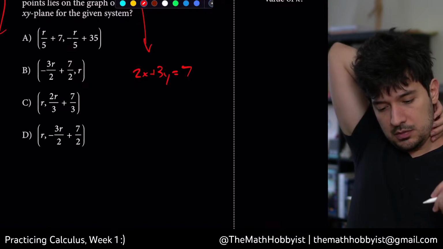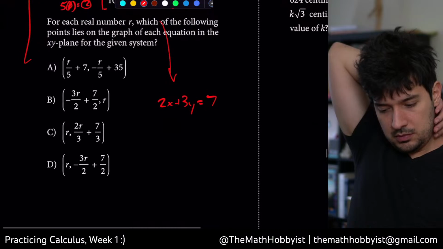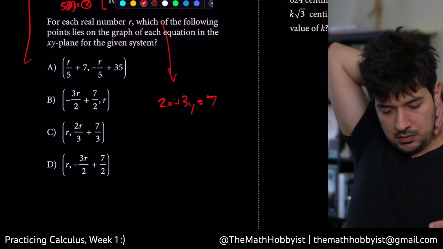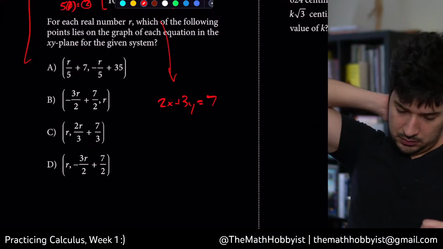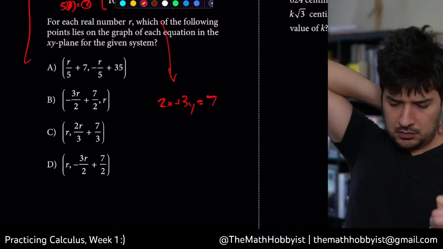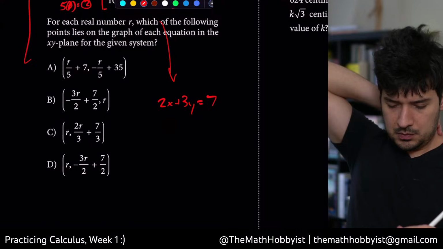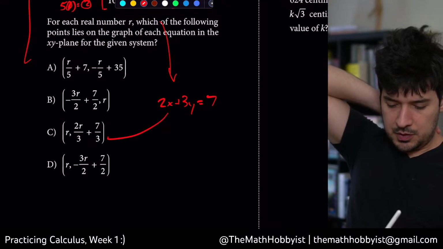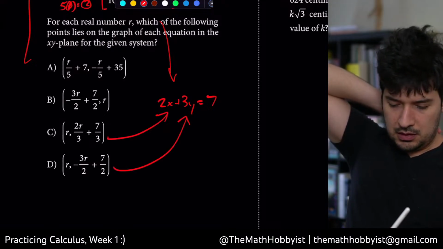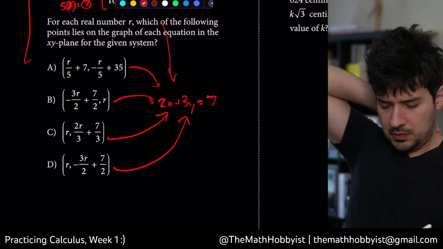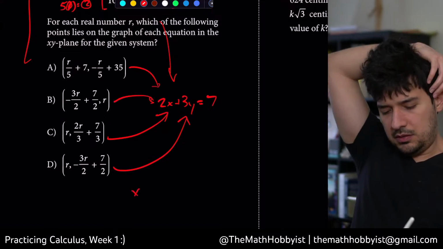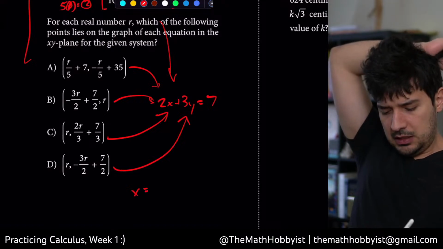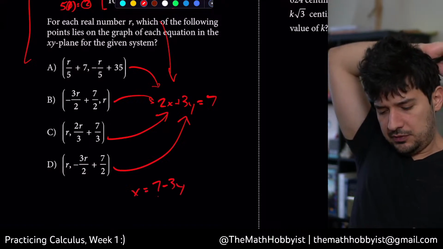How do you solve something like this? What we could do is substitute in xy values, or we could try to solve x in terms of y. x equals (7 minus 3y) divided by 2.